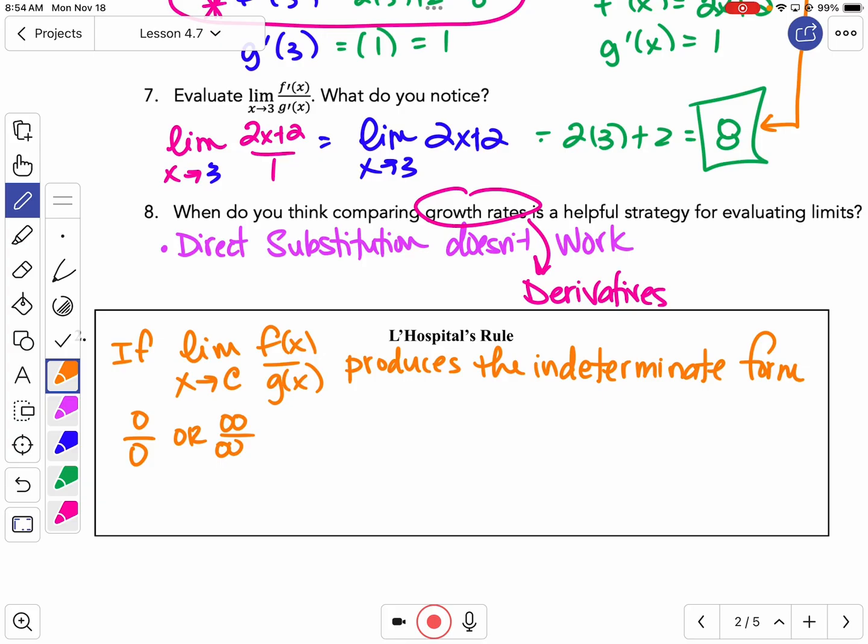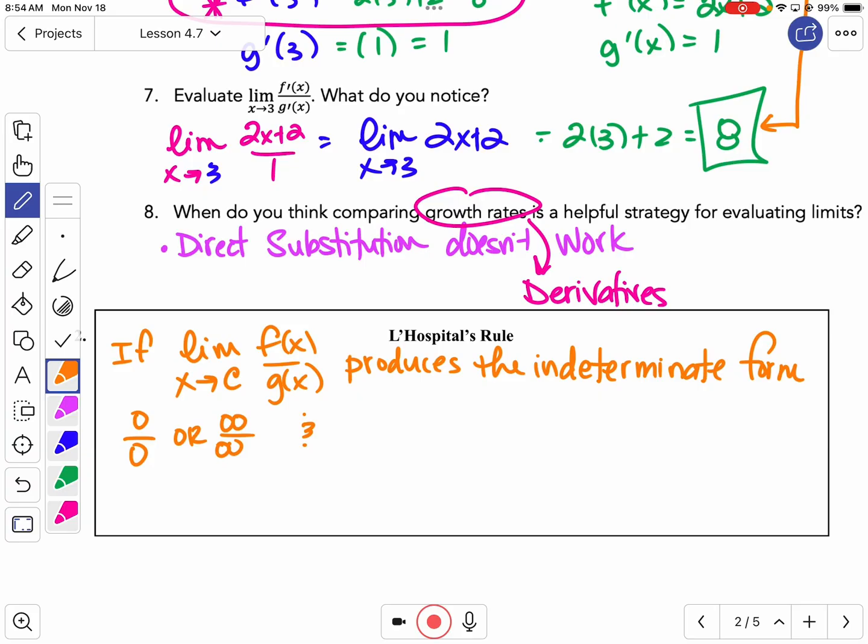Okay, are there other versions of indeterminate? You betcha. All right, and L'Hopital works for them, but it's a little more involved. So these are the only ones we have to do. Okay, and all right, so this is the second part.